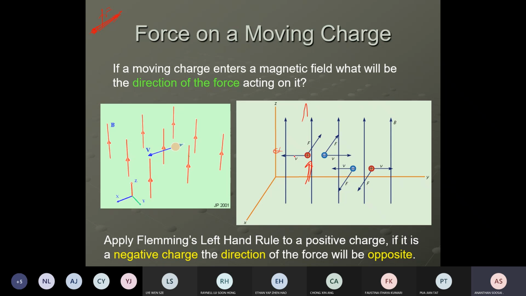Positive charge moving to the left means current is to the left, right? Current follows the direction of the positive charge. So your middle finger, which points in the direction of current, points to the left. So by using Fleming's left-hand rule, you will find that the force is into the page.